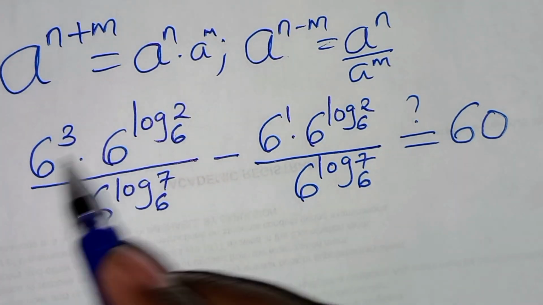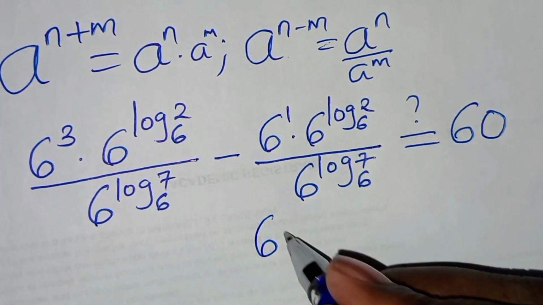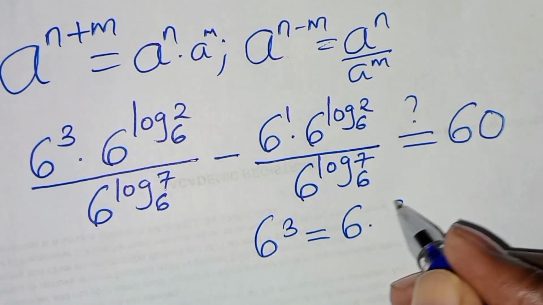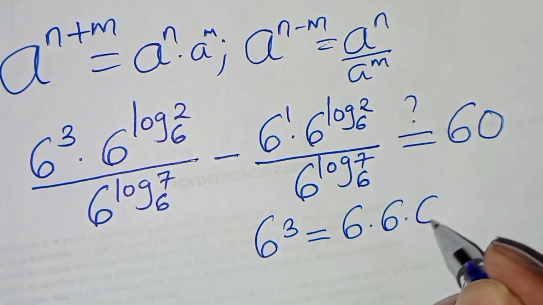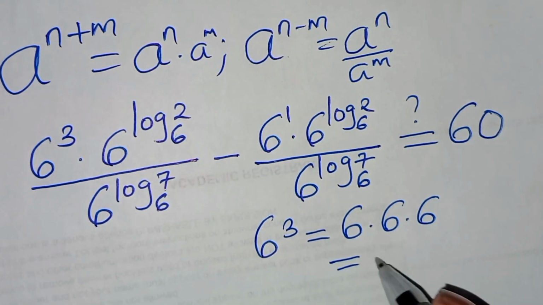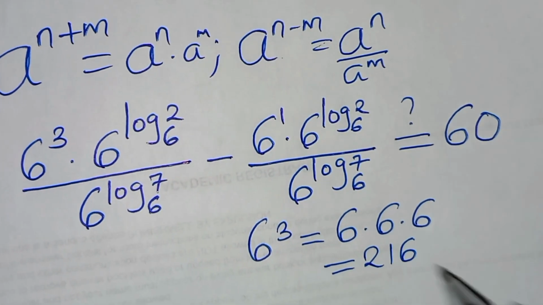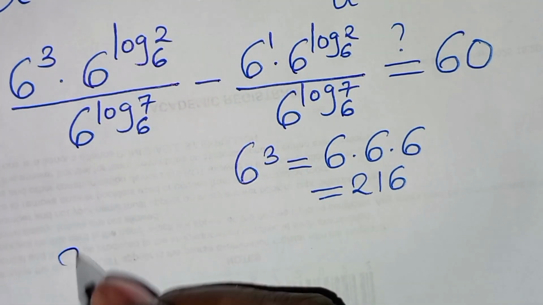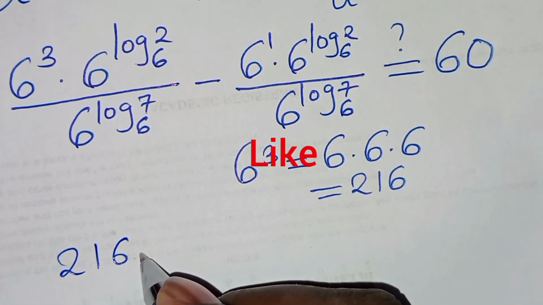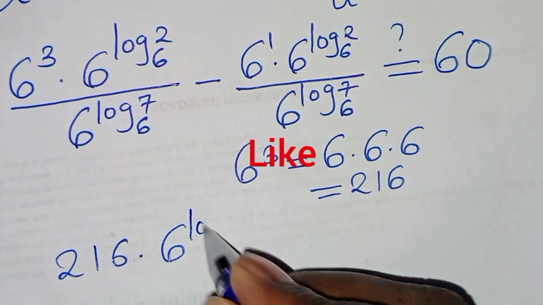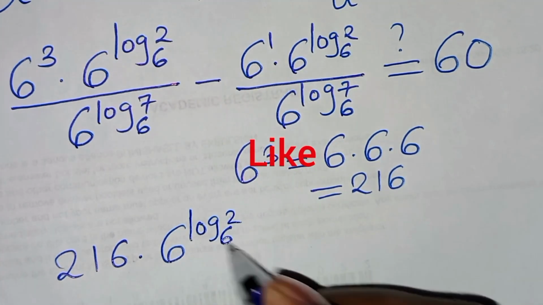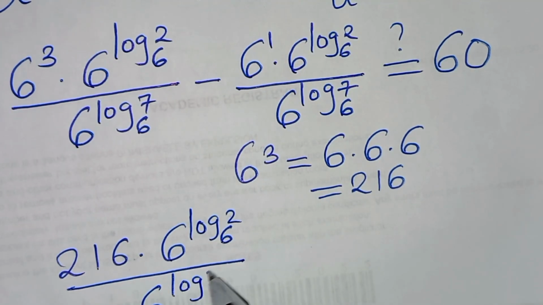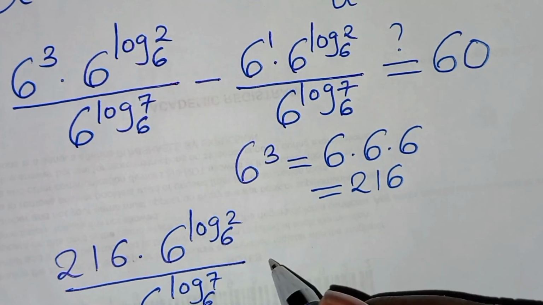Now, you find that 6 to power 3 is actually equal to 6 times 6 times 6, and this is equal to 216. Now, substituting this, we have 216 times 6 to power log 2 to base 6 divided by 6 to power log 7 to base 6.